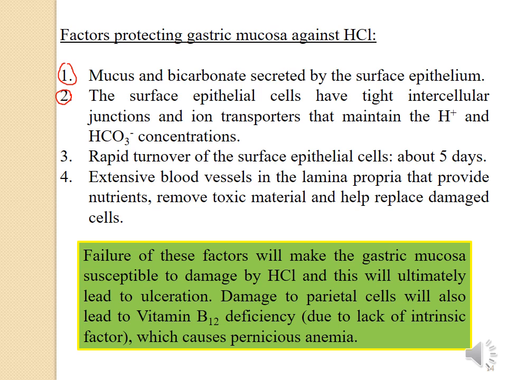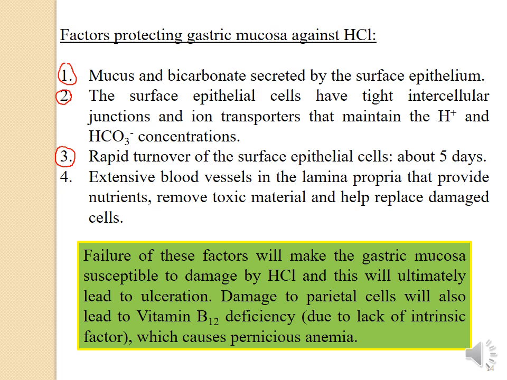The surface epithelial cells have tight intercellular junctions and ion transporters that maintain the hydrogen and bicarbonate ion concentrations. Also very important is that we have rapid turnover of the surface epithelial cells. The time from the birth of the surface epithelial cells until their death is about 5 days.